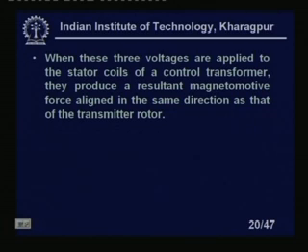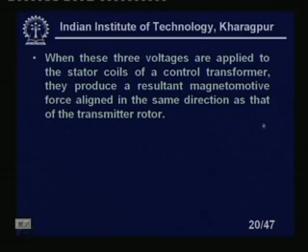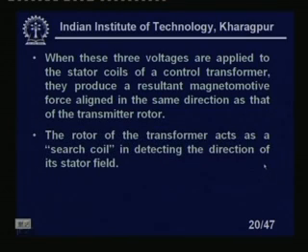The rotor of the transformer acts as a search coil in detecting the direction of the stator field. That means the rotor of the transformer can act as a search coil.